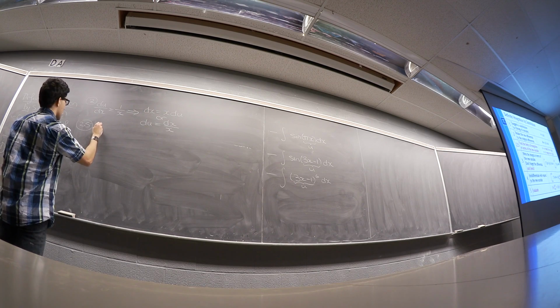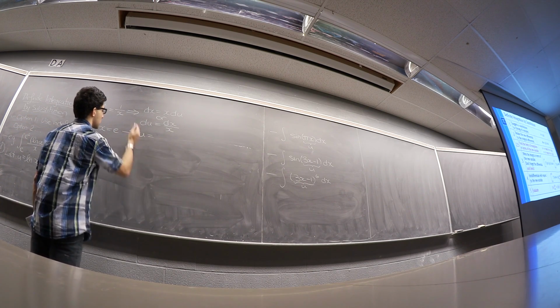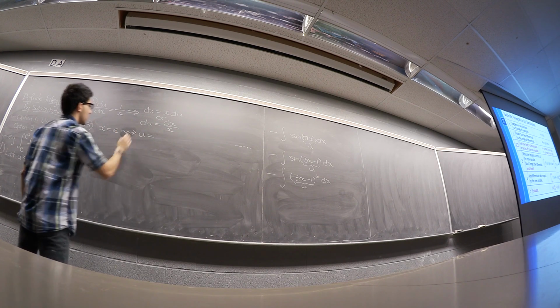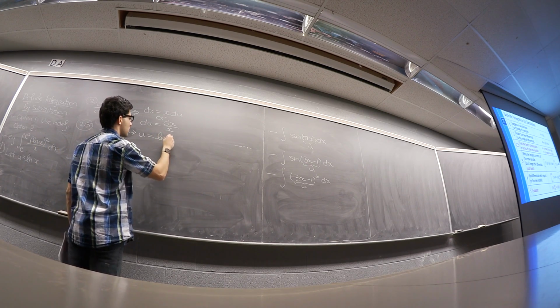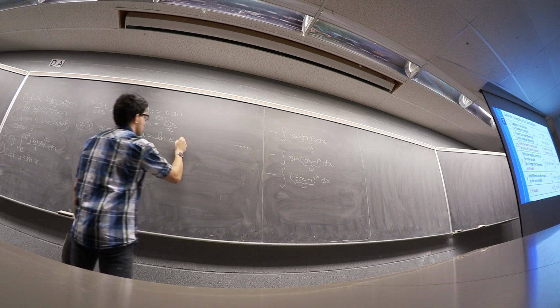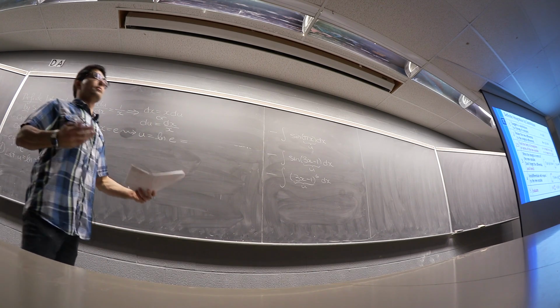So, x equals e. That looks like a limit, so we won't do that. When x is e, u is ln e. What's ln of e? Thank you.